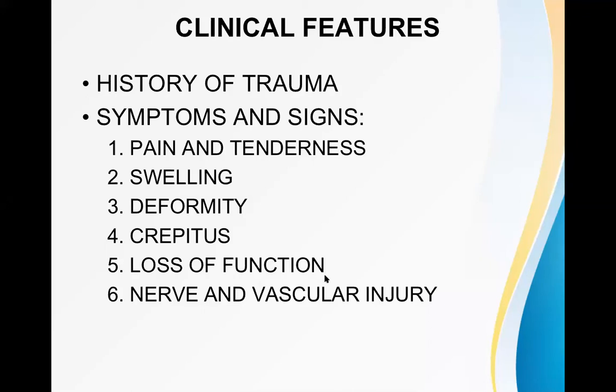Loss of function is a very important feature. The function of that limb is lost after fracture. What does that mean? In an upper limb fracture, we cannot grip, we cannot use our upper limb till the fracture heals. And in a lower limb fracture, we cannot walk. Another important point: nerve and vascular injury very commonly occur in fractures.